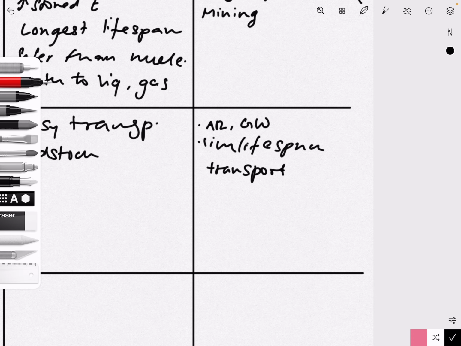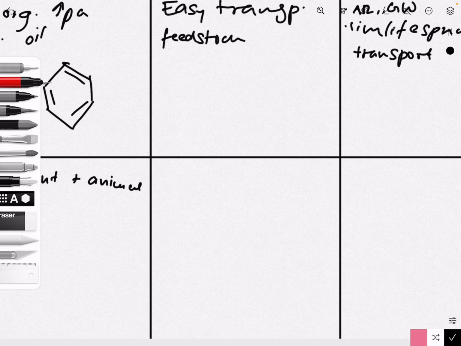And lastly, we have natural gas. Unlike coal and oil, this is considered a clean fuel. And this is because its combustion will not result in the formation of acids, which will then rain back down on Earth, so you don't get acid rain from this. It's also easy to transport, just like oil, because it's a gas, it can just go through a pipeline.